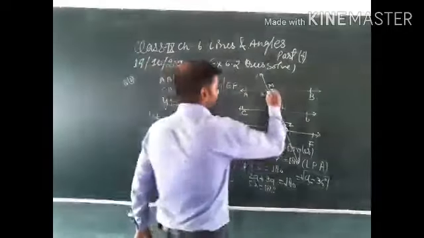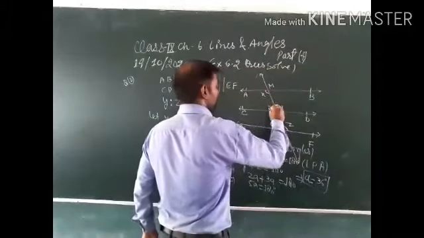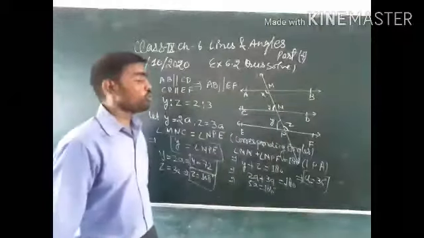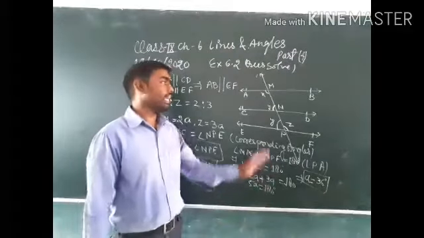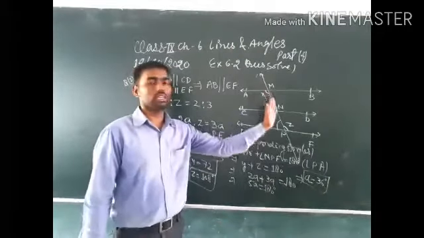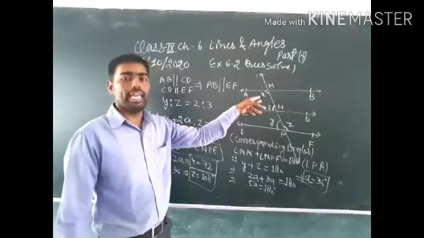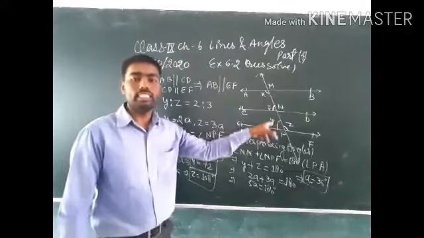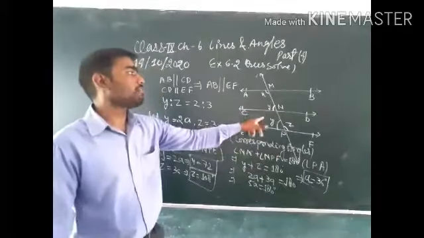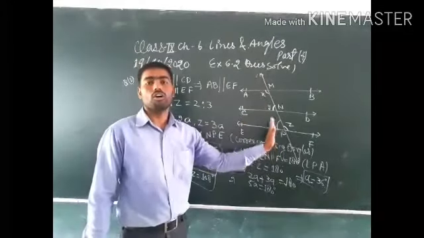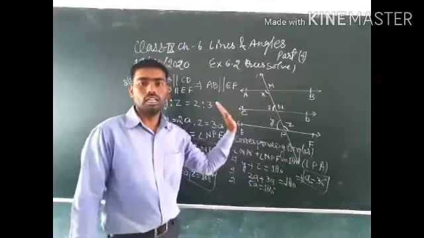Here X plus Y is equal to 180, interior angles of the same side of a transversal line. X and Y are co-interior angles, interior angles on the same side of a transversal line.